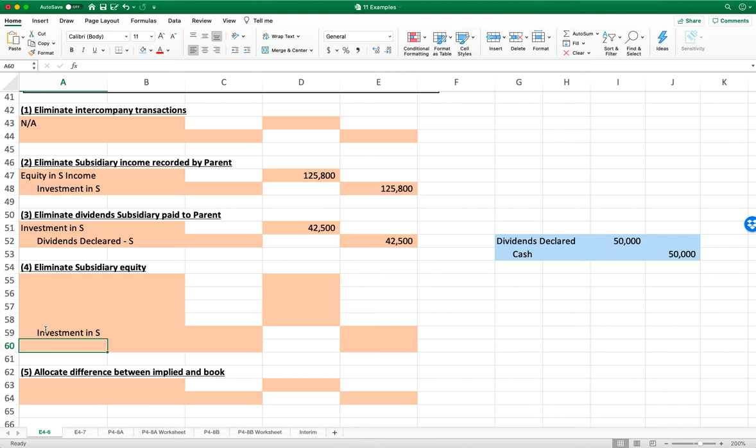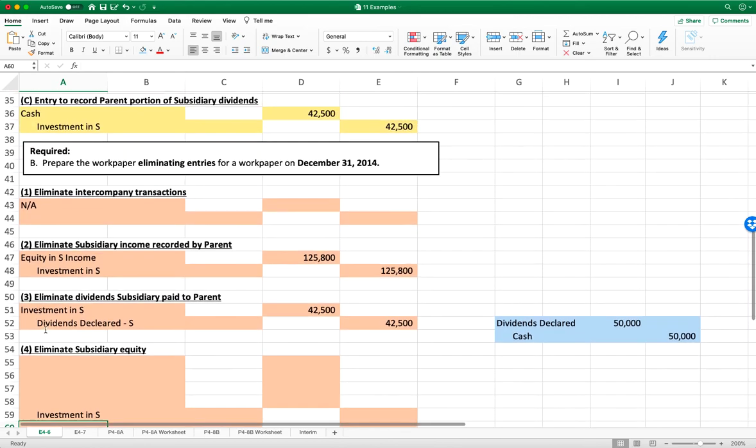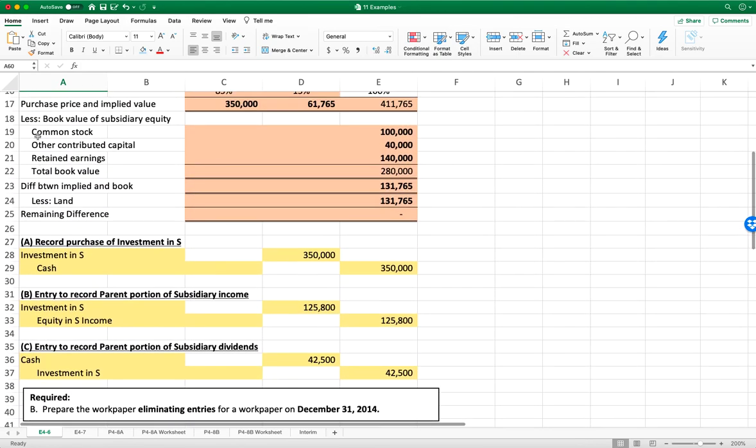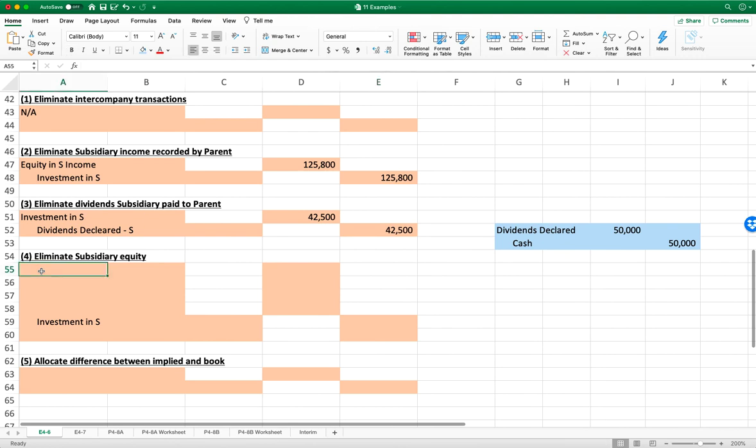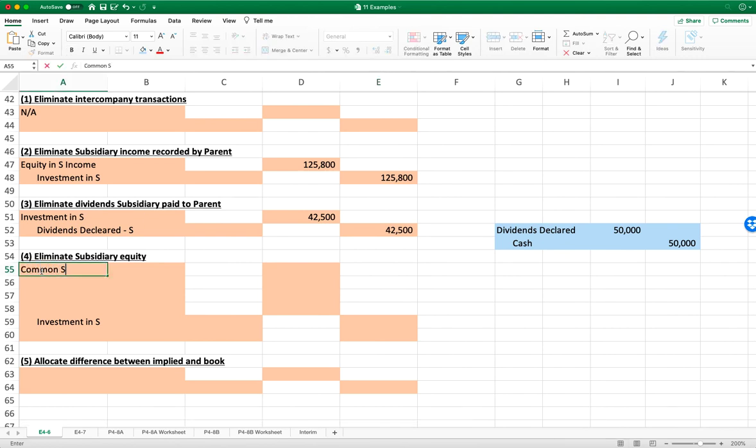We also want to get rid of all of our subsidiary equity accounts. Again, looking at our computation and allocation of differences schedule, we see there are 3. They all have normal balances. So in order to get rid of those, we are going to debit common stock of our subsidiary, other contributed capital of our subsidiary, and remember, this is the part that's new.